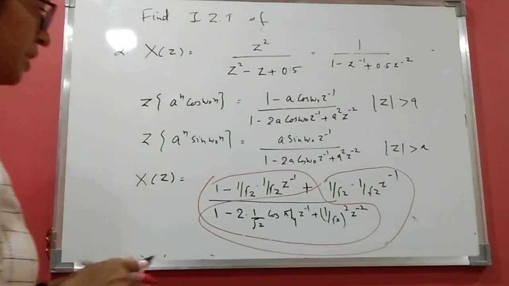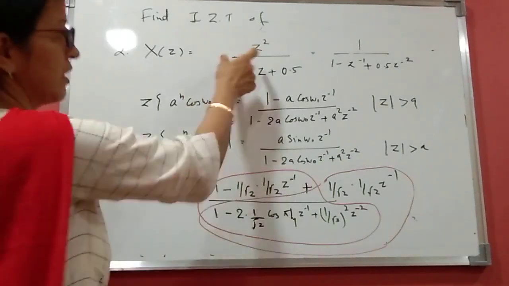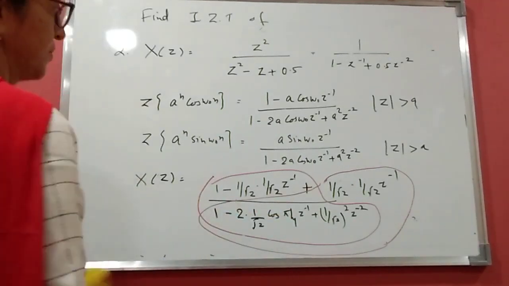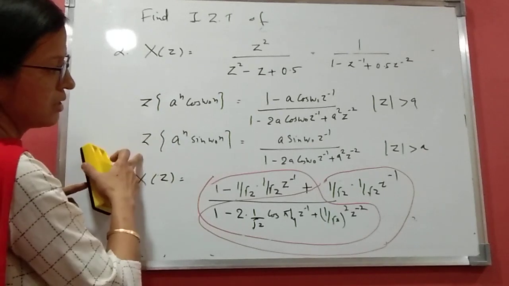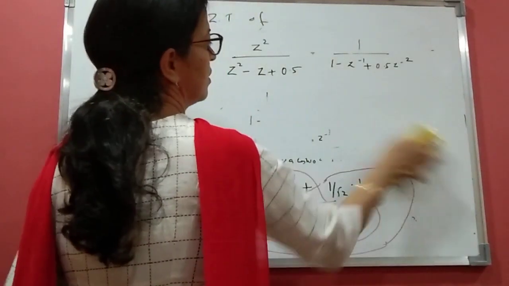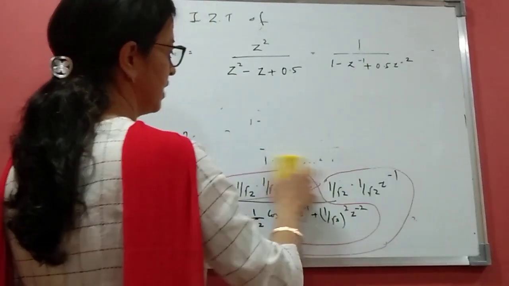I will write a separate equation now, with ROC mod Z greater than a.